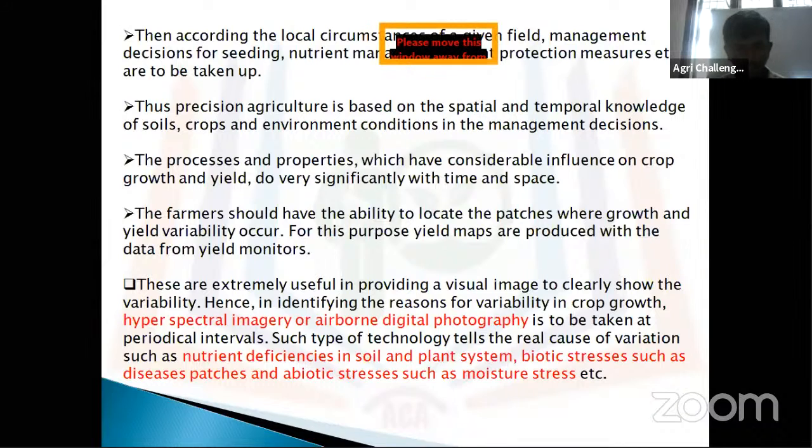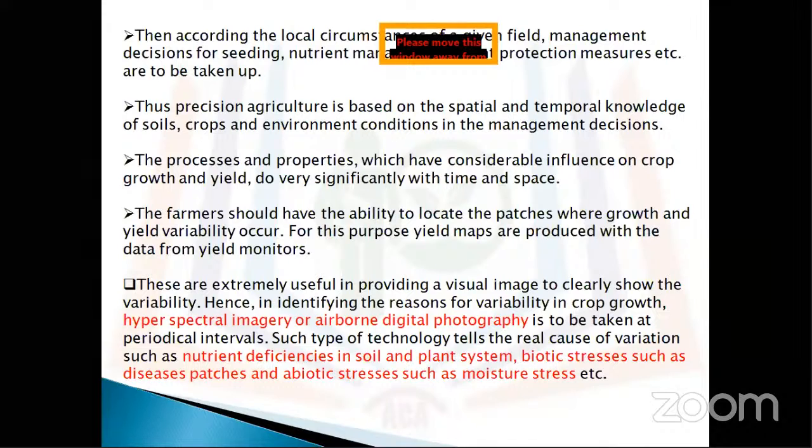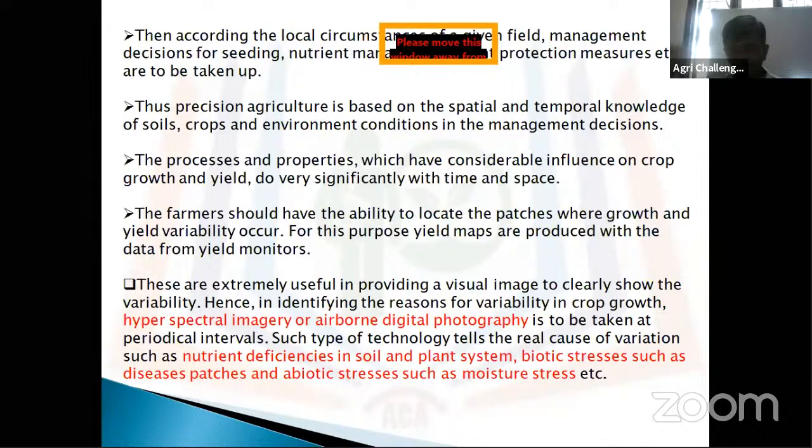With the help of all these sensor technologies, we have to collect the data at different times, after every 15 days interval or 20 days interval or every 1 month interval. Based on that data, we have to analyze and interpret. Such technology tells the real cause of variation. We come to know that there is a variation, but of which type?